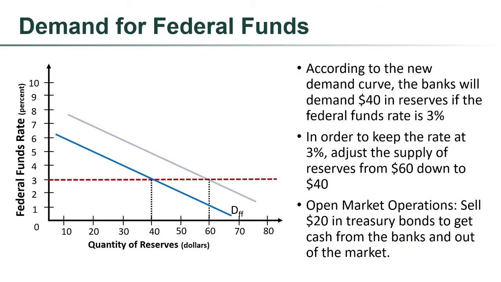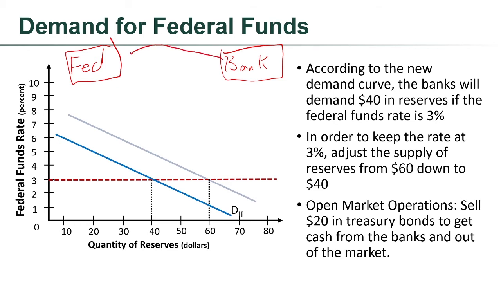So how do we do that? Well, using open market operations. What's that going to mean? I'll do the version of that flow chart we saw before, where the Fed's going to be on the left, bank on the right. So what we need to have happen is we need to get $20 from the banks to the Fed.